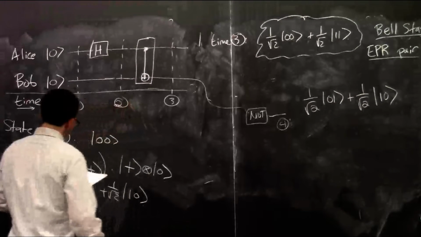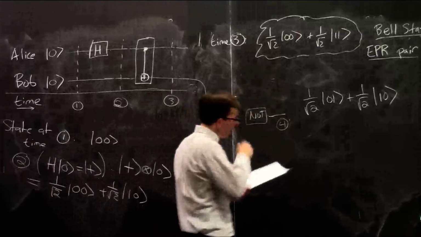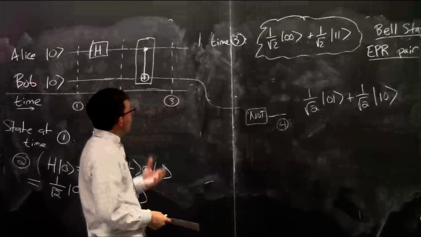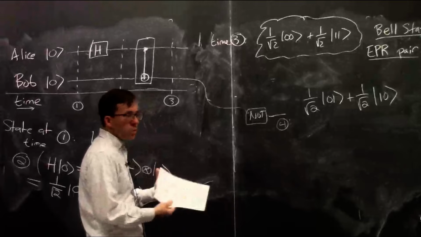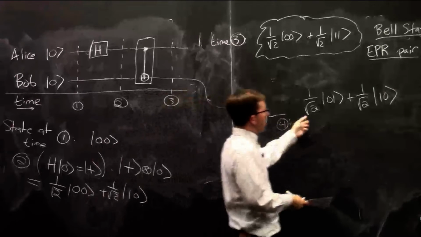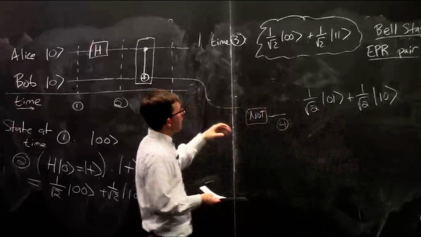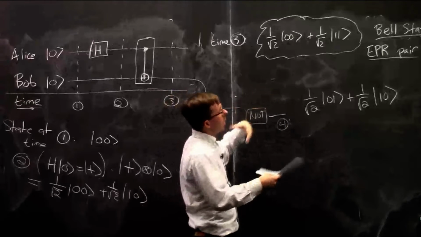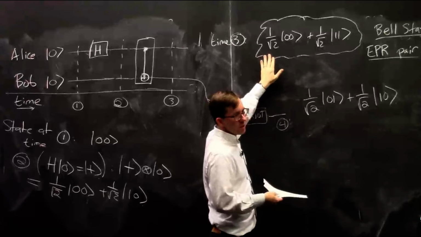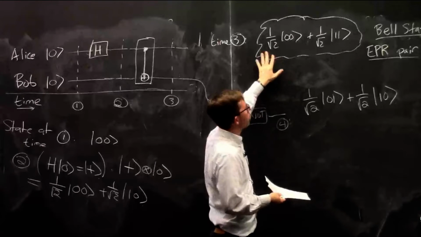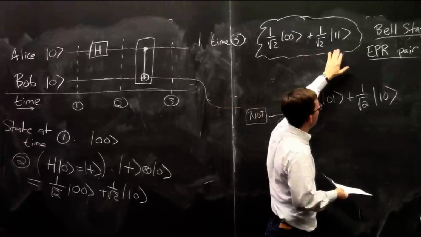In fact, let me tell you. Basically, it's exactly what you would do, and you had this in your homework, as if this was probabilistic computation, and these were representing probabilities, not amplitudes. You would say to yourself, if this was probabilities, somehow Alice and Bob were flipping coins and got into a situation where with probability 1 over root 2, this doesn't make sense because they don't add up to 1, but with probability 1 over root 2 it was heads, heads, and with probability 1 over root 2 it's tails, tails.